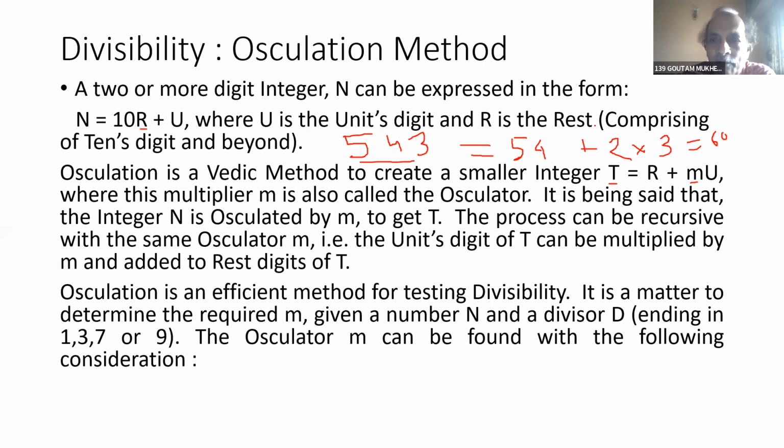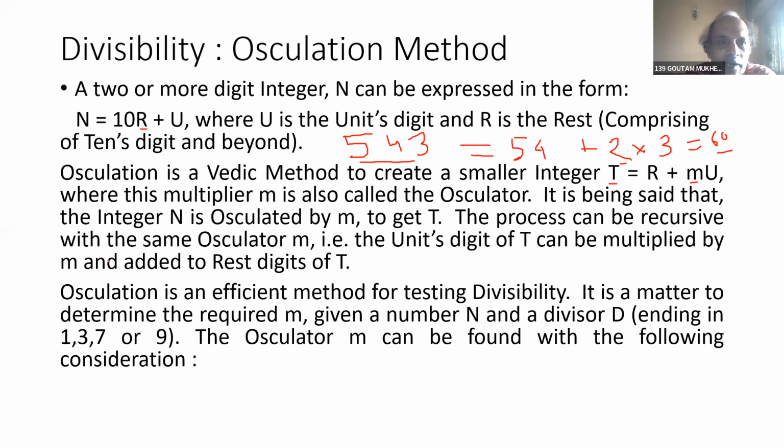I first gave the procedure of how to find the T. T is r plus mu. This is the example of a T. This is n. This becomes T. T is r, the rest of the digits, plus this oscillator m into the unit digit, where the multiplier m is called the oscillator.